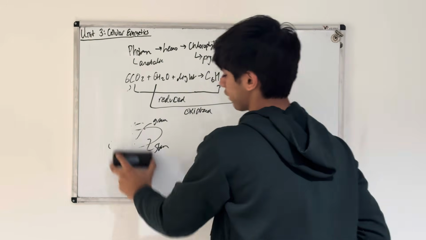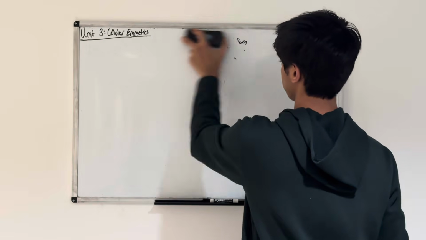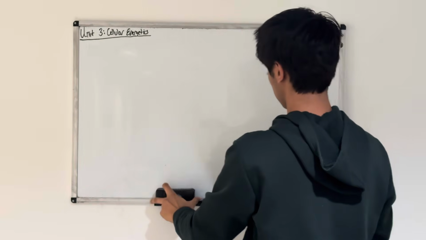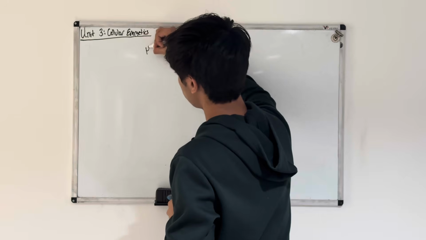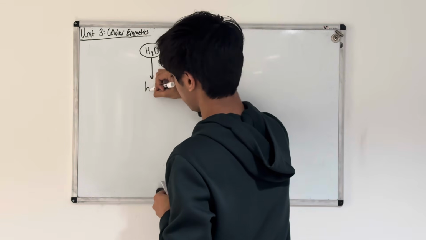Okay, and looking at the reaction specifically, right, so we imagine the chloroplast, it all happens in the chloroplast. We have our H2O as an input, and it's first used in the light reactions.